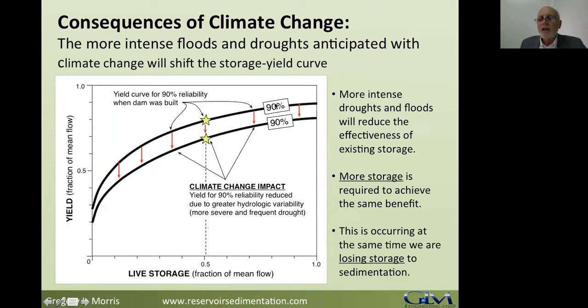You see the 90% curve from today is shifted down to less yield for the same amount of storage at some point in the future. So we need more storage to achieve the same benefit. But this is occurring at the same time that we're losing storage to sedimentation. So we have the problem of not only losing storage, but the sediment problem is accelerating the problems posed by climate change.